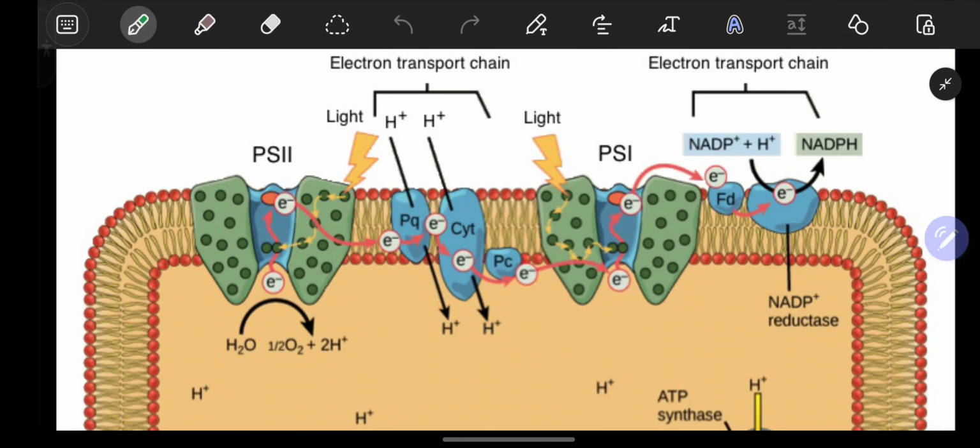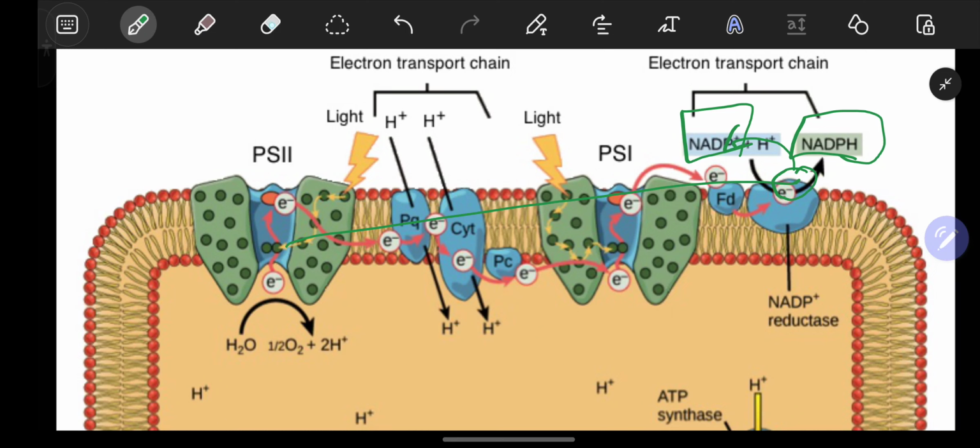In the case of low NADP plus concentration, which can happen sometimes when the Calvin cycle slows down and not enough NADPH is used up, the electrons enter a cyclical flow. Because if there's not enough NADP plus, then there's nowhere the electrons can go, because at the end of the electron transport chain, the electrons are accepted by the NADP plus, which is reduced and turned into NADPH.